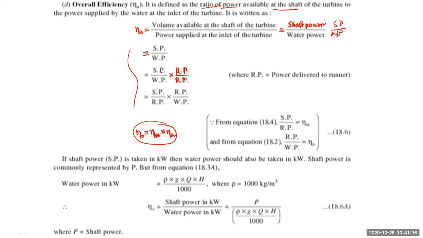If we reshuffle it and bring shaft power and runner power on one side, and runner power and water power on the other, you will get this as your mechanical efficiency and this as your hydraulic efficiency. So this is your overall efficiency. These are the four different terms normally used in turbines for different types of efficiencies.